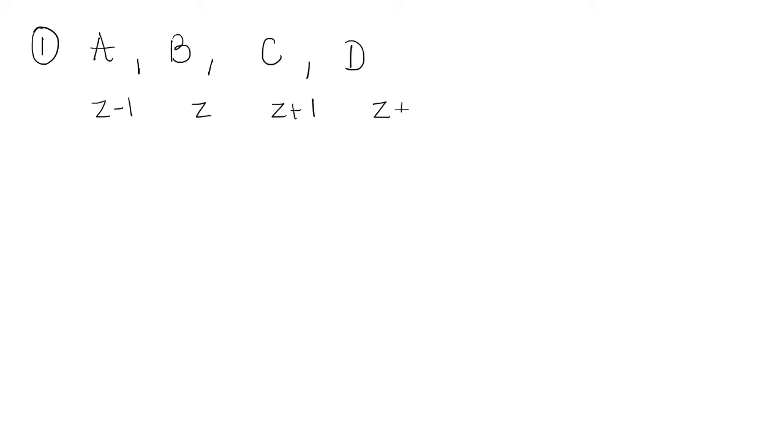Hello everyone, this is the second video of chemical bonding, and in this video we'll be starting our class with one question. The atomic numbers of 4 elements A, B, C and D are respectively Z-1, Z, Z+1 and Z+2.